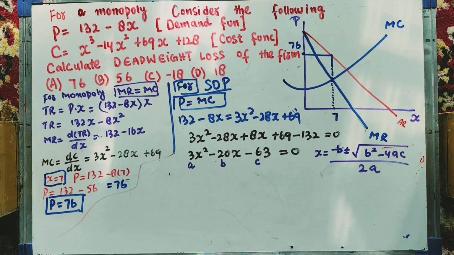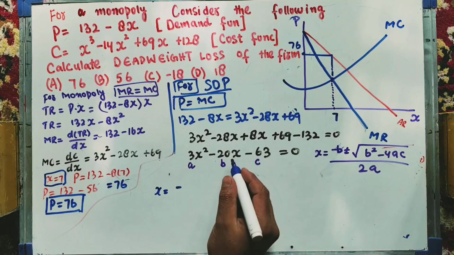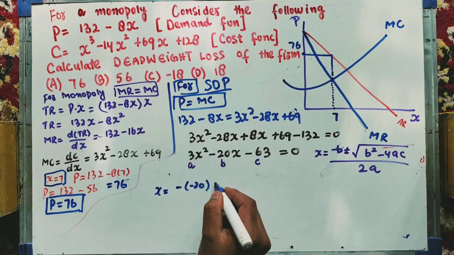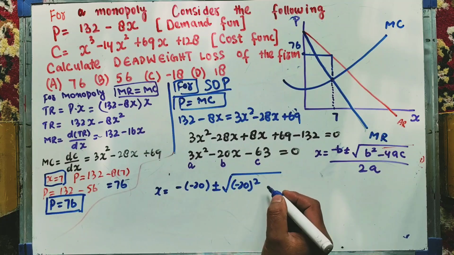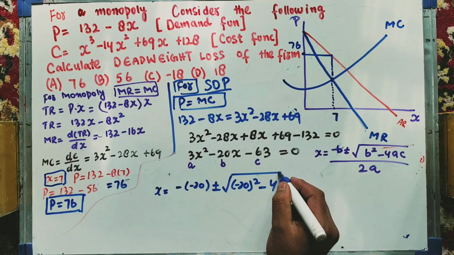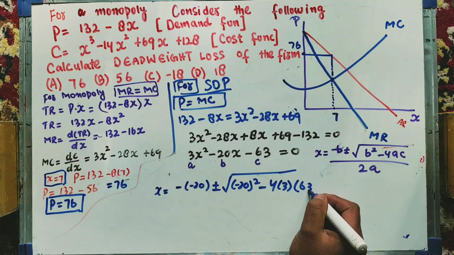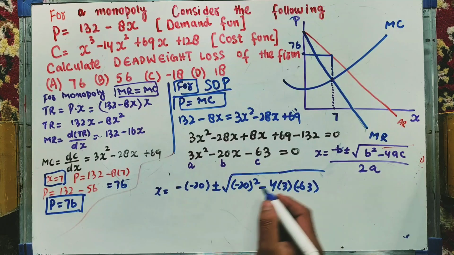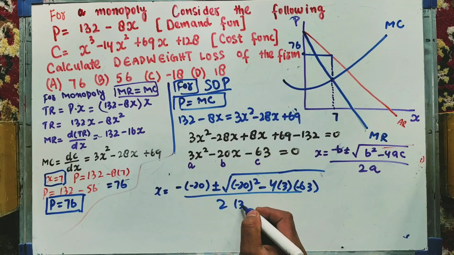So our x will be equal to minus of minus 20, plus minus the square root of -20 square, then minus 4 times A is 3 and C is 63 but negative, divided by 2 times A. 2 into A is 3.